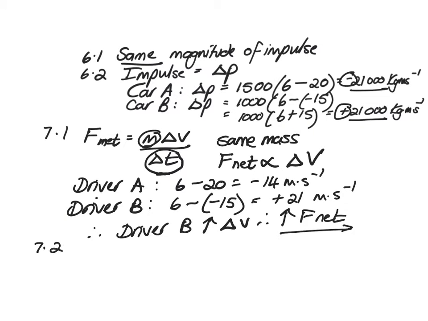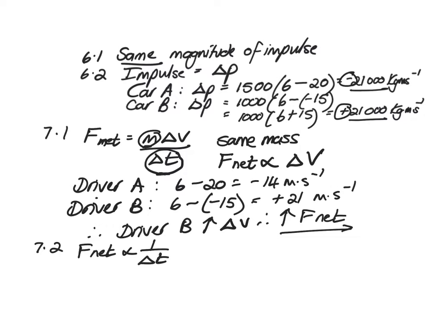Then 7.2 asks us, using principles of physics, explain how airbags protect the driver during a collision. Well, we know that F net is directly proportional to 1 over delta t.